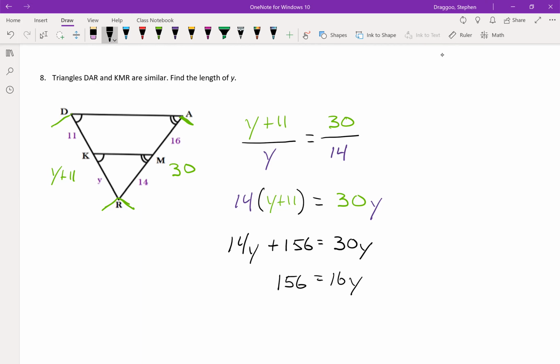And then I'll make that division and say that y is 156 divided by 16, which comes out to 9.75.